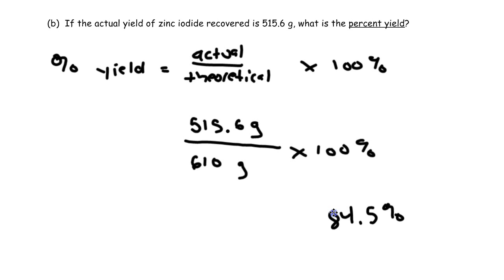If we wanted to find percent error, because remember, percent yield shows us kind of how right we were. Percent error shows us how wrong we were. So we wanted to find percent error. We're going to move on just to the next slide here. So just a reminder, percent error is equal to the absolute value of our actual minus our theoretical.